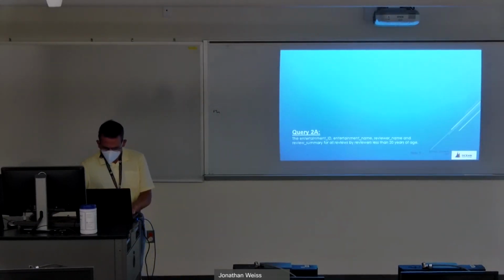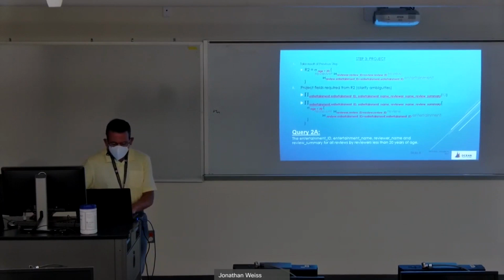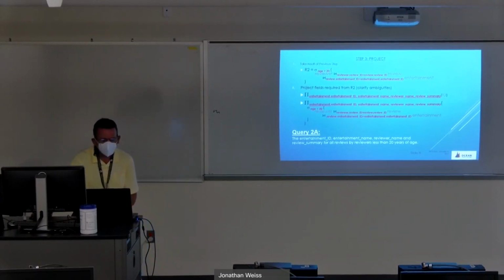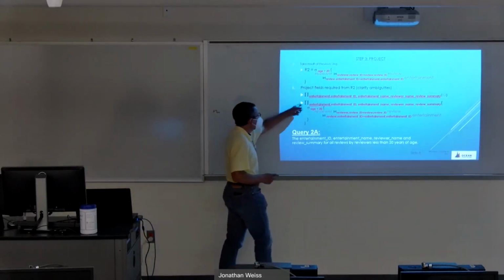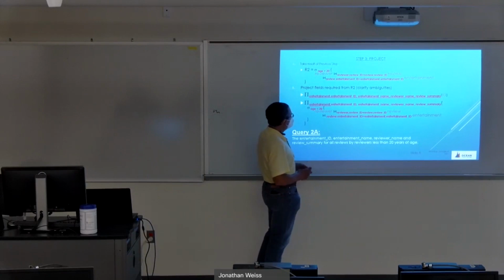Okay, so that is the third step to this process, and then you can replace R2 with the full thing, and you wind up with this statement. This is the answer to this question.